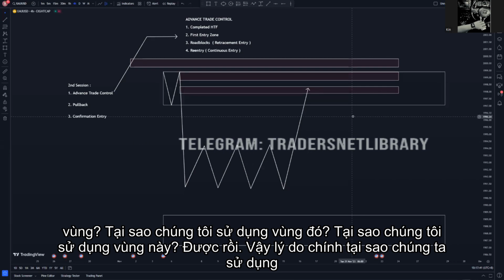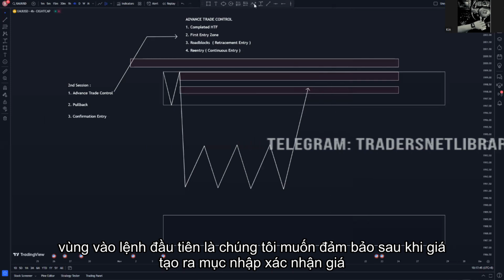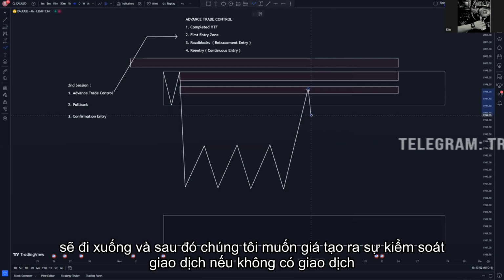The main reason we use the first entry zone is we want to make sure that after the price creates the confirmation entry, the price will go down. And then we want the price to create the trade control.